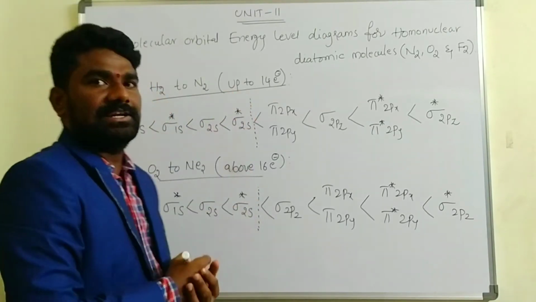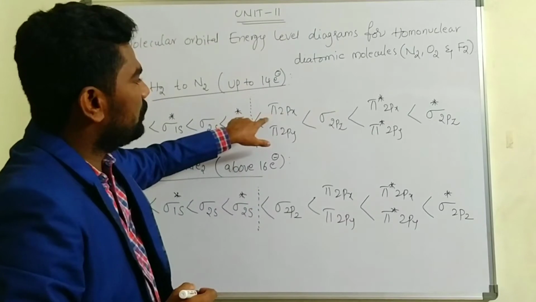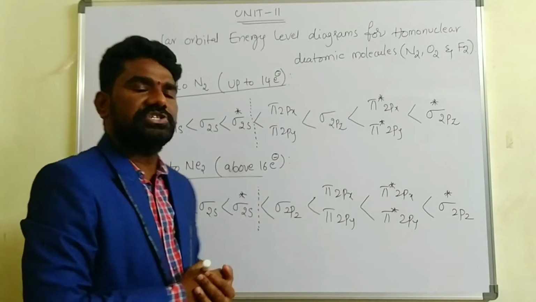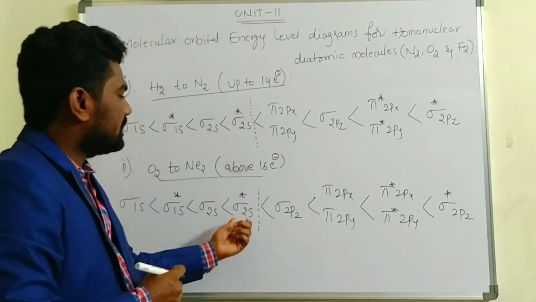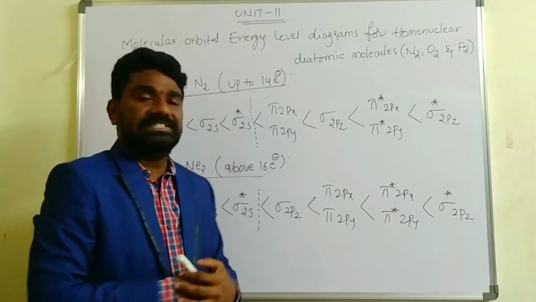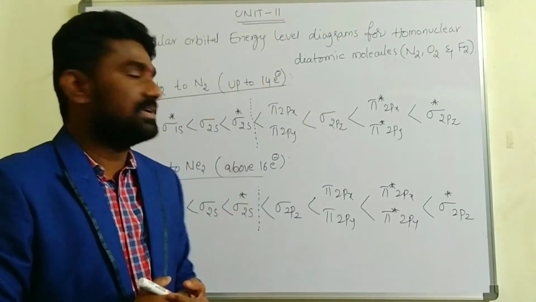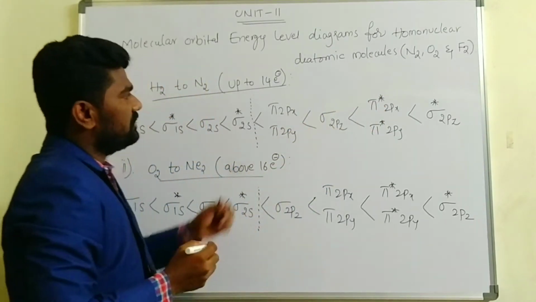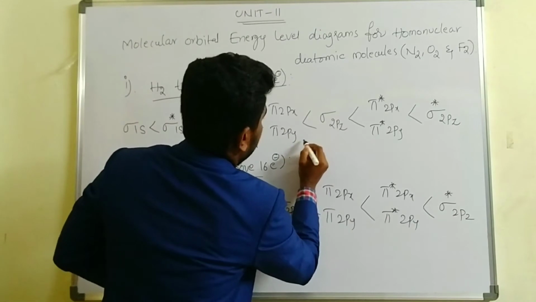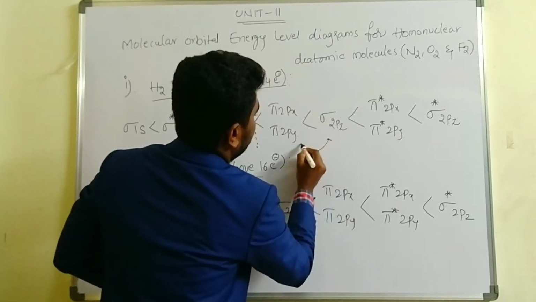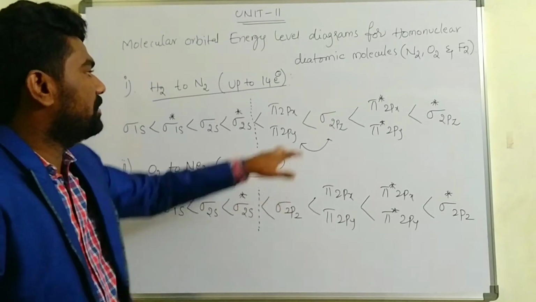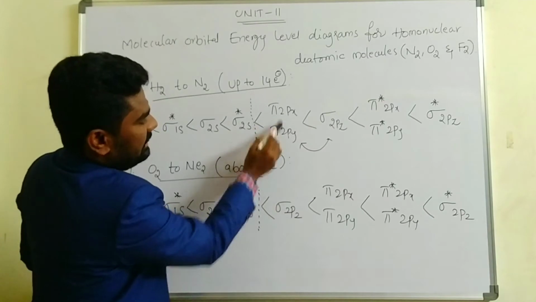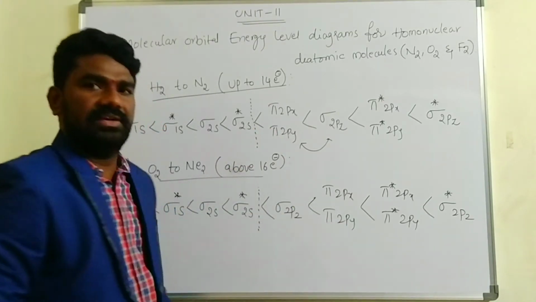In the up to 14 electron category, we have pi 2px, pi 2py first. But in the above 16 electron case, after sigma star 2s we have sigma 2pz. That means only an interchange of these two molecular orbitals' energies, isn't it? Here sigma 2pz is there, and here pi 2px, pi 2py will be there.